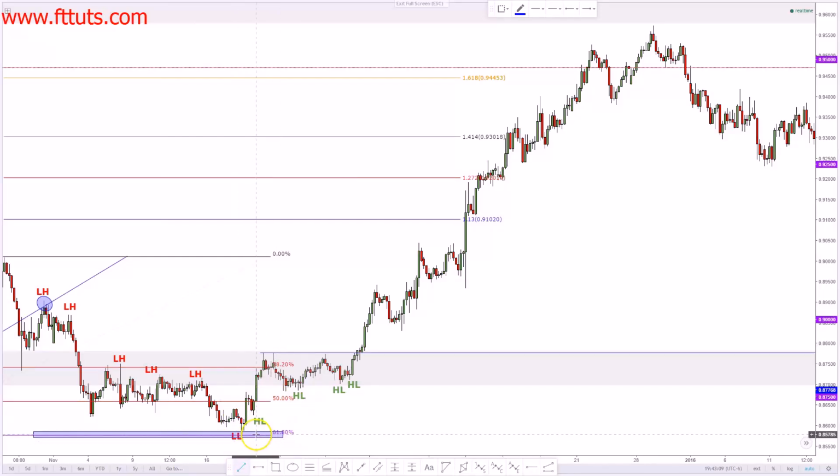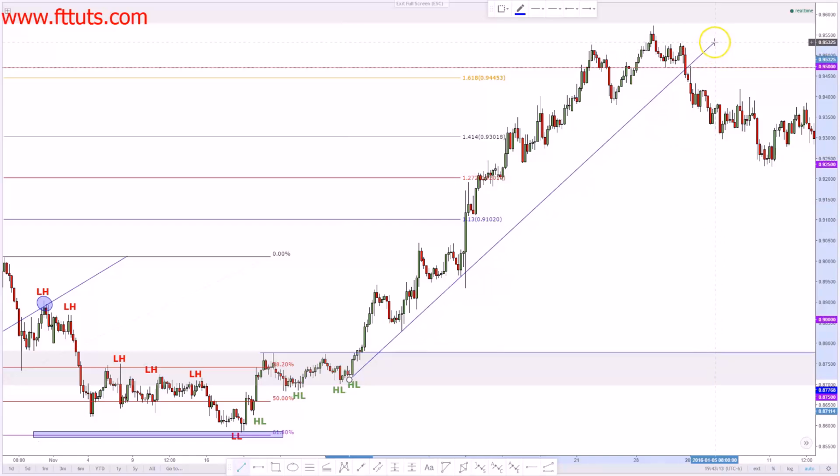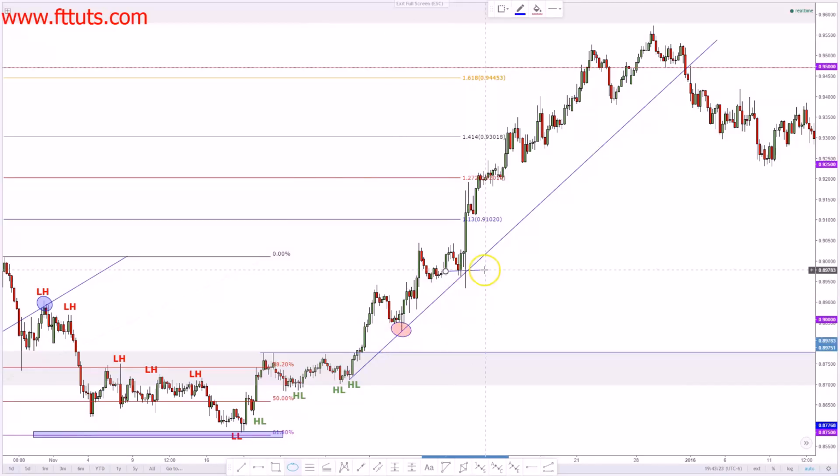Okay, so do a trend line from down here, run it through, just like our other one. One, two, run it through. Got multiple taps right here.